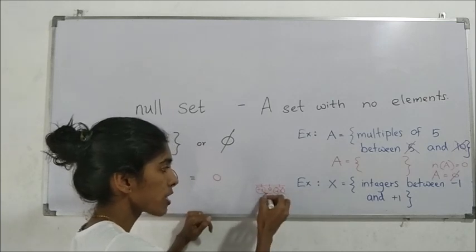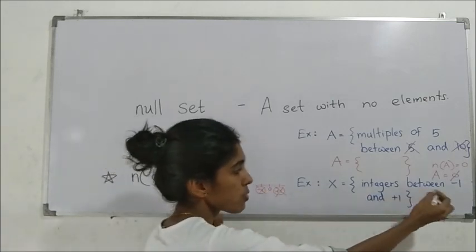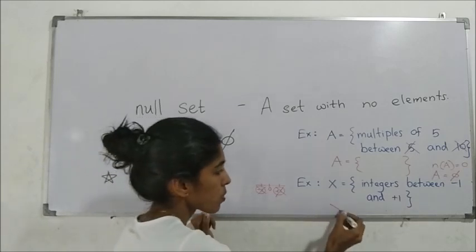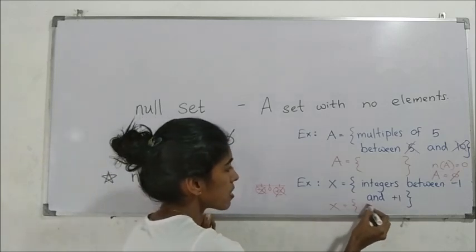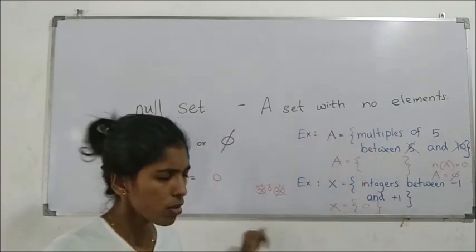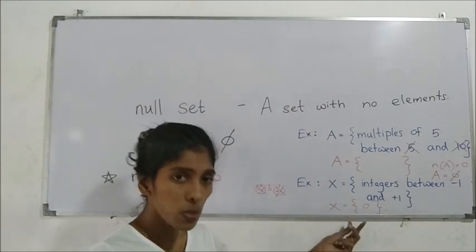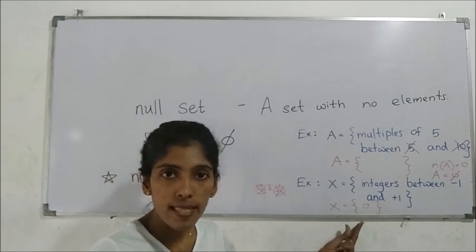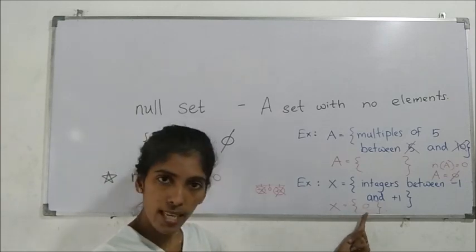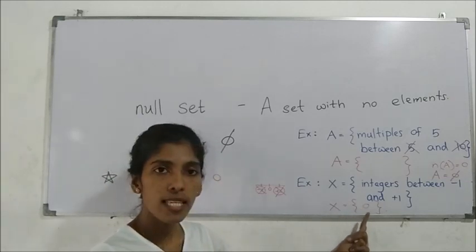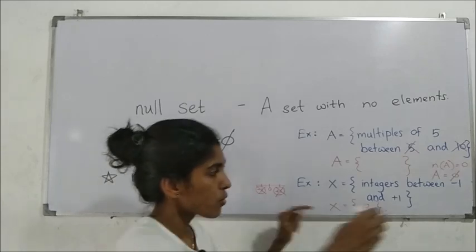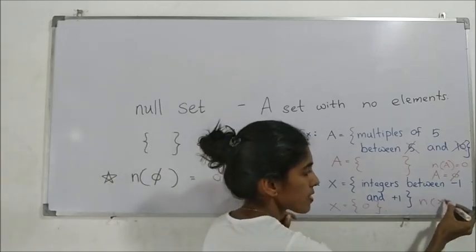We cannot include -1 or +1 because of the words between and. So what are the elements here? 0 is there. Most of the time when our children see this, they think that this is also a null set, but this is not a null set because we can see one element in this set. So the number of elements in set X is what?